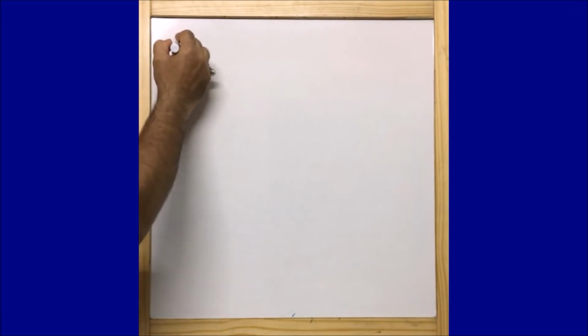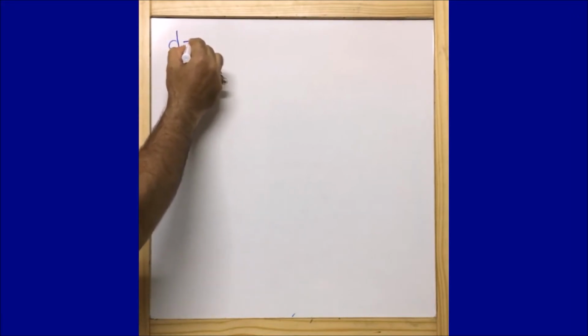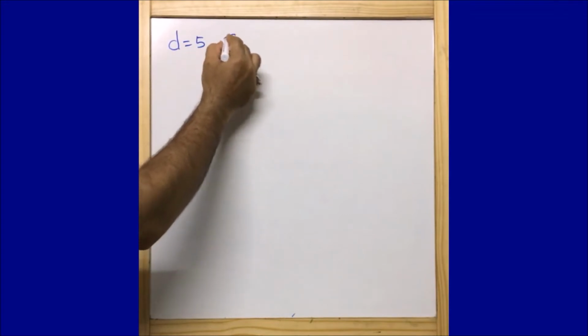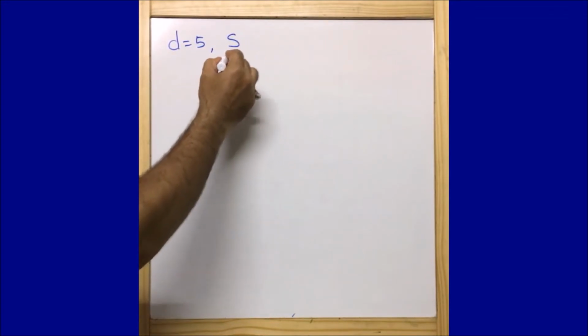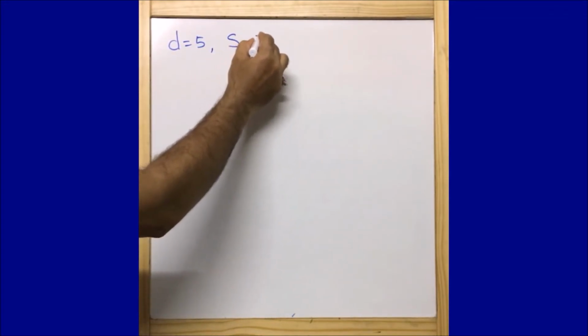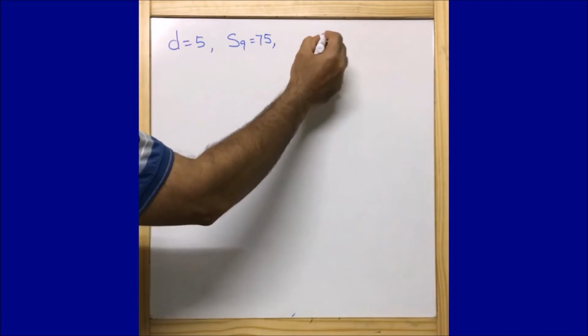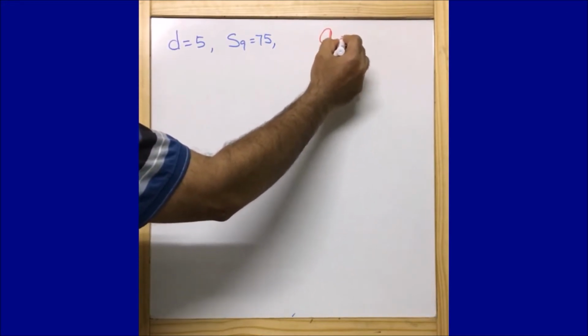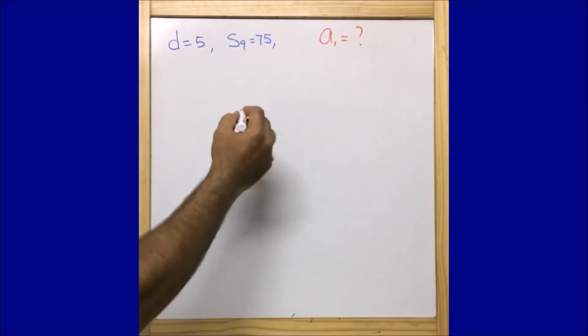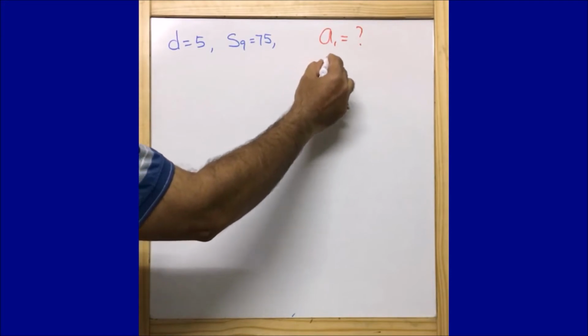Let me write D is equal to 5 and S9 is equal to 75. These two things they have given, and we need to find out the value of A1 is equal to how much, and we need to find out the value of A9 also.